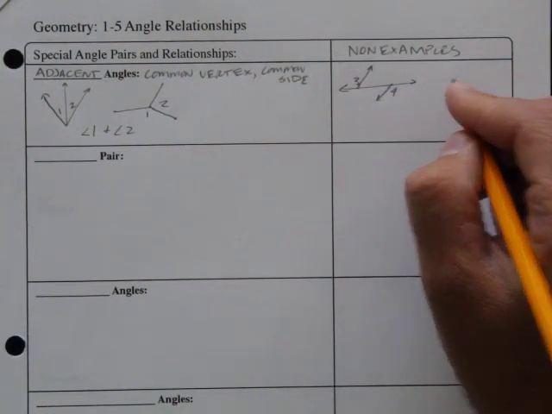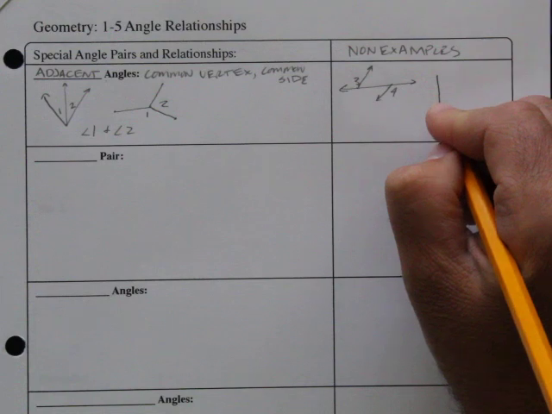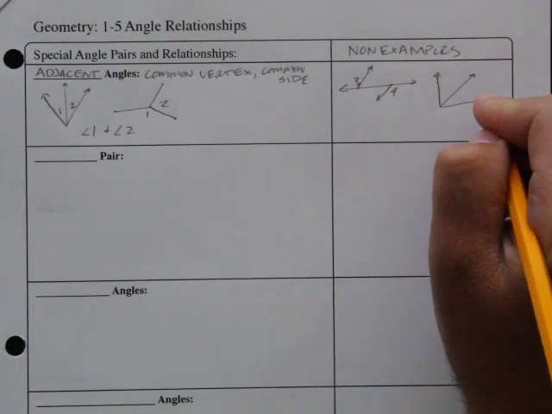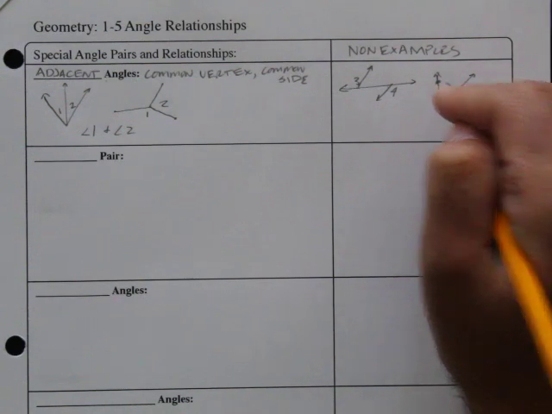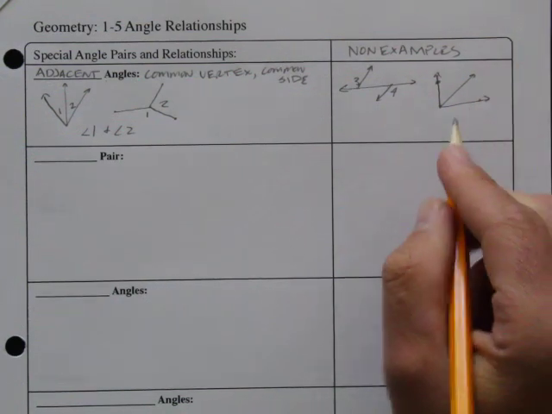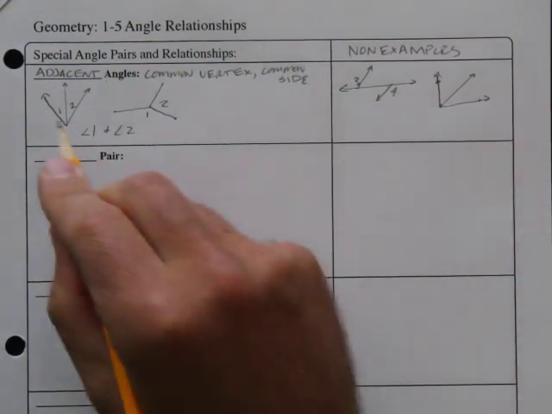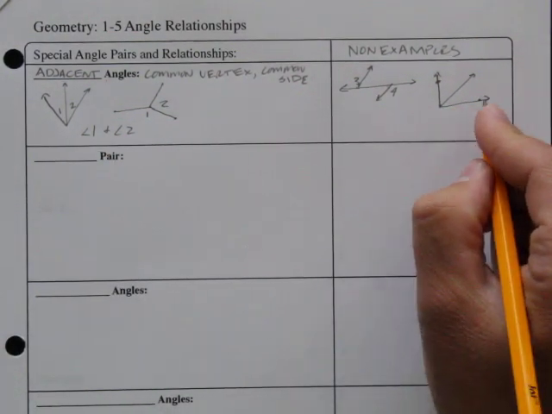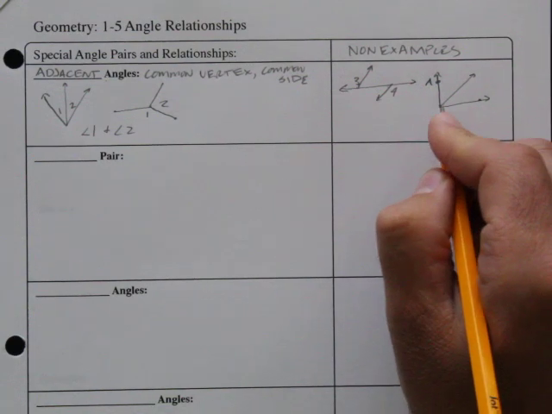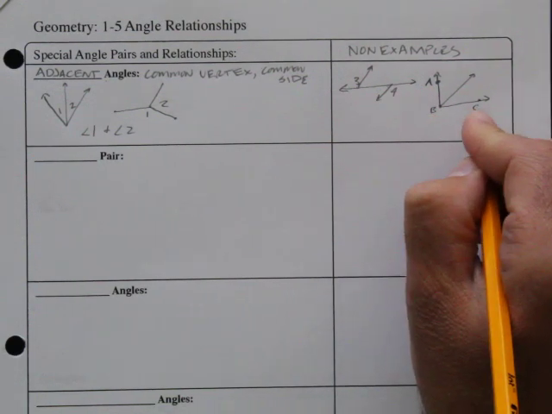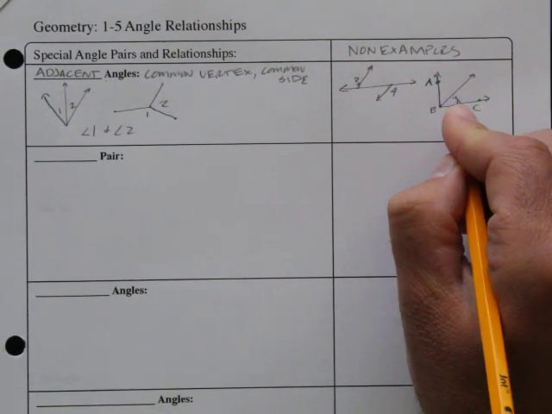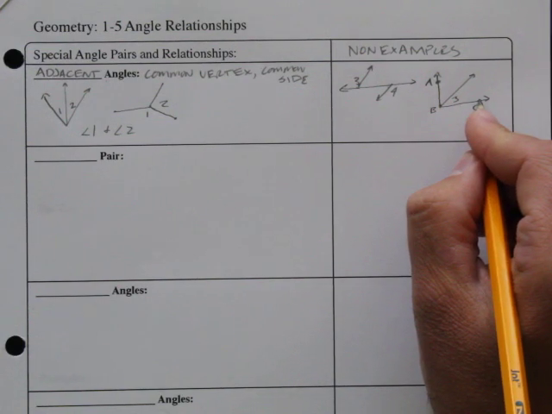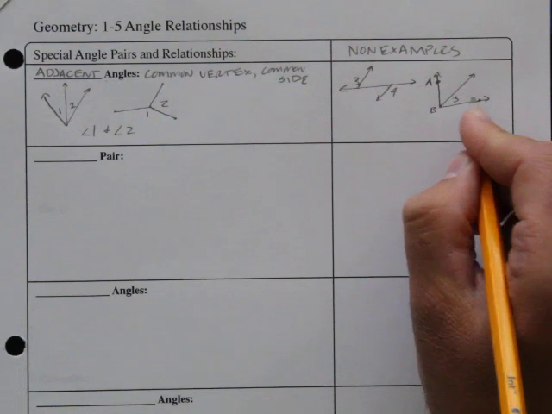Now here is another one. Let's look at this. Now you might see, oh look, Mr. V, this looks exactly the same as this one. Just wait a second. Let's label this A, B, C, and this is angle 3. Notice how angle ABC is not adjacent to angle 3.